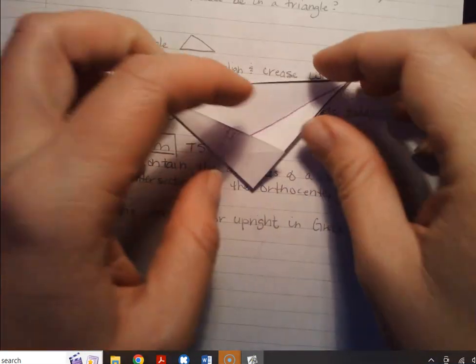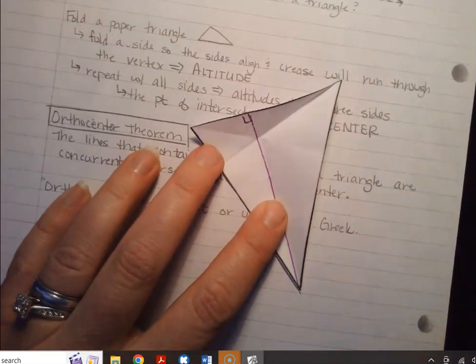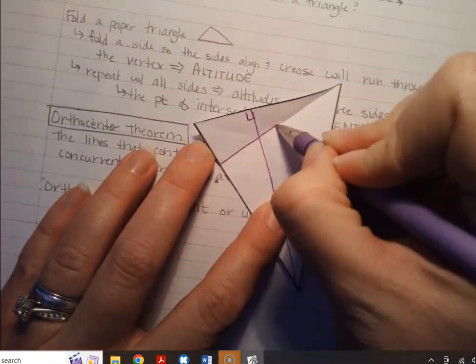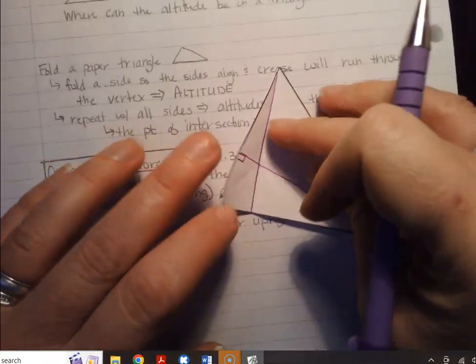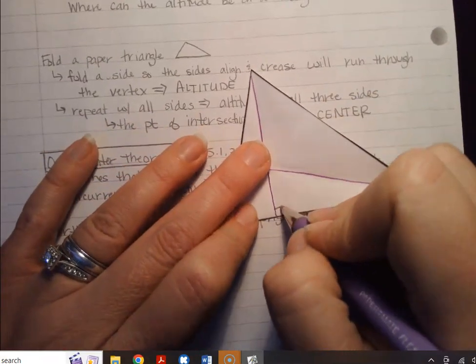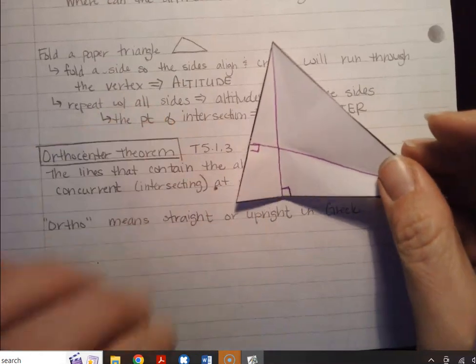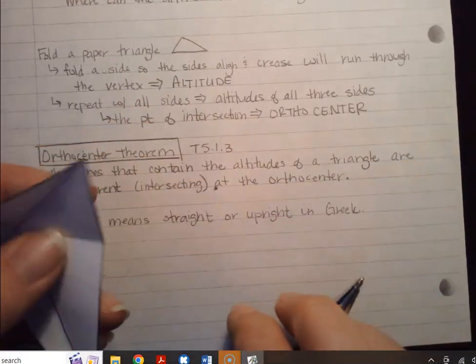Okay, open it up. Trace that line up through your vertex pretty close. Mark the perpendicular side, and then do your last one.